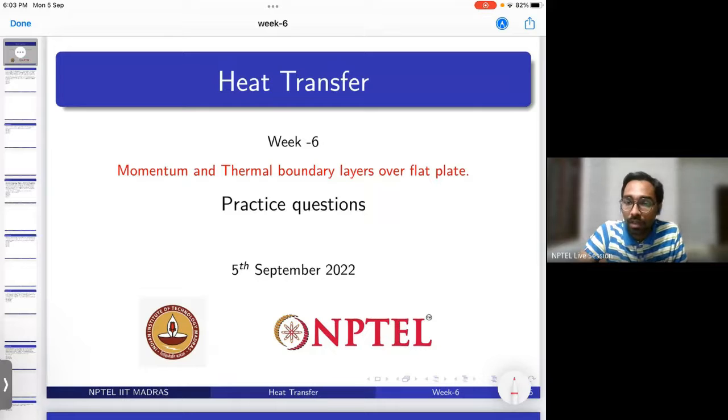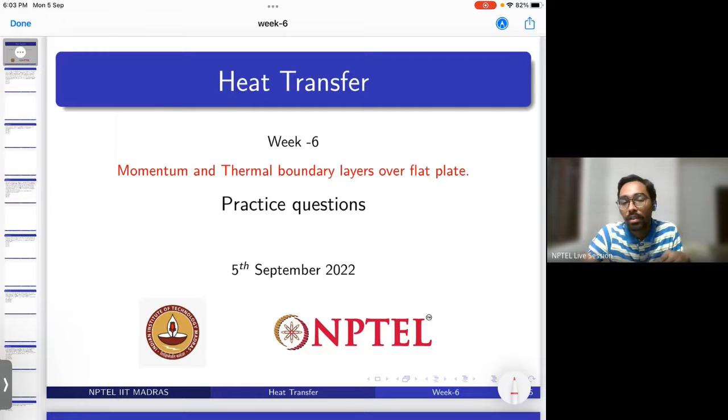So today we will be discussing the week six topics, which are the momentum and thermal boundary layers over a flat plate. I will just have a brief recap of the contents taken in week six. It was a continuation from the week five topics. In week five we were discussing the derivation of the momentum and thermal boundary layer over a flat plate.